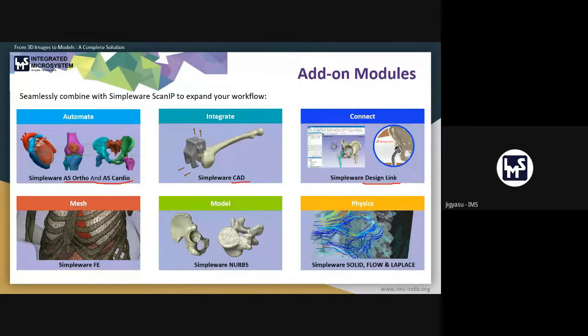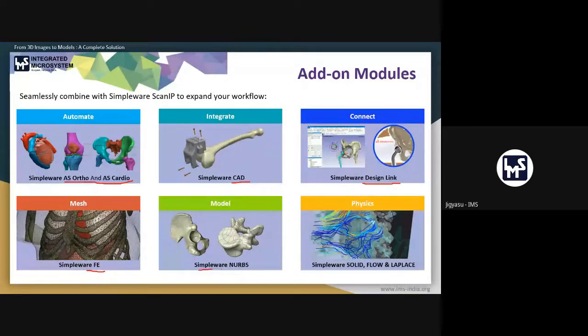What it does is it makes the implant design experience seamless, and the import and export of the model is completely synchronized with SolidWorks. Then we have a FE module.